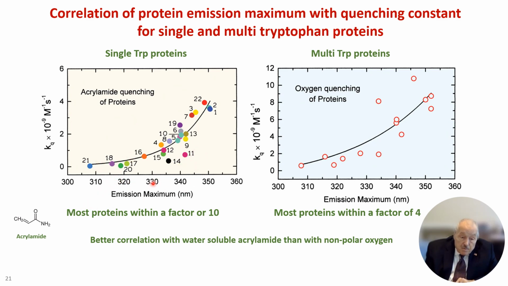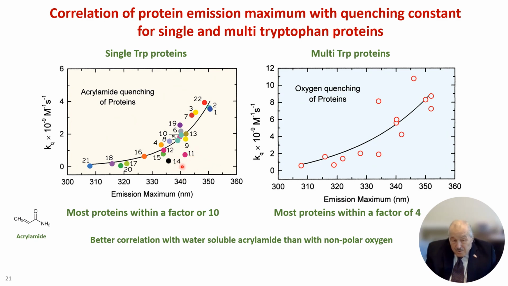And here we have 20 proteins or so, and we see that for the most part, except for one or two exceptions, all of the quenching constants are within about a factor of 10. And that says to some people that the tryptophans can be very deeply hidden and not quenched.